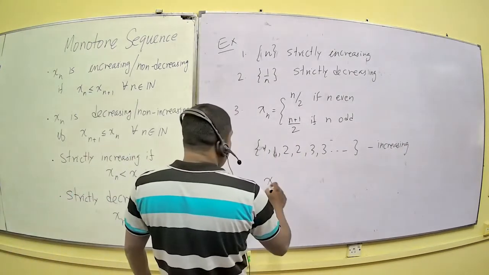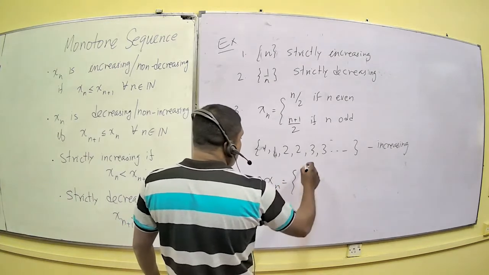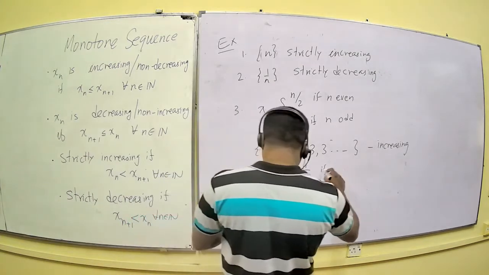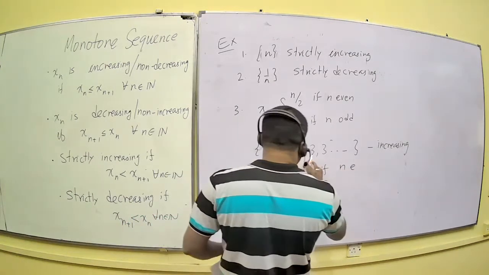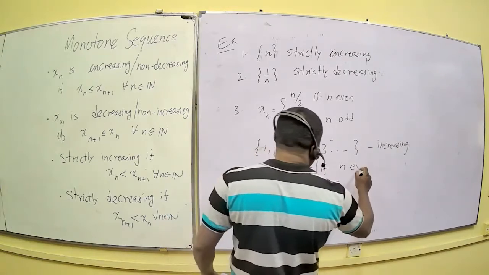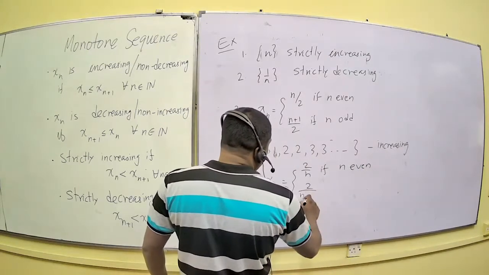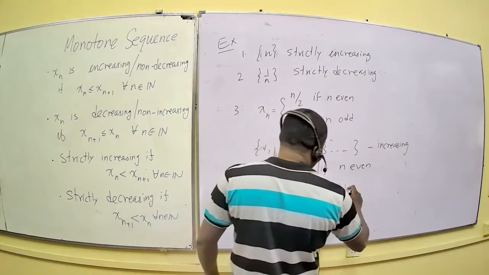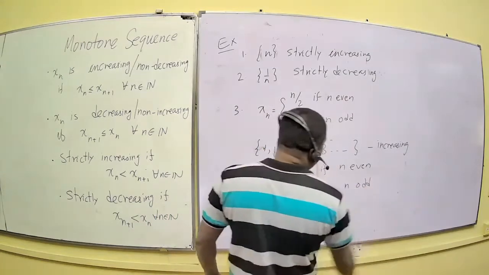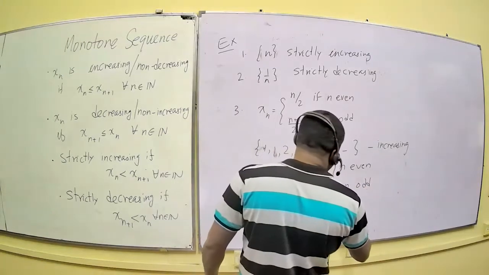The fourth one is xn equal to 1 upon n for n even and 2 upon n plus 1 for n odd, right?